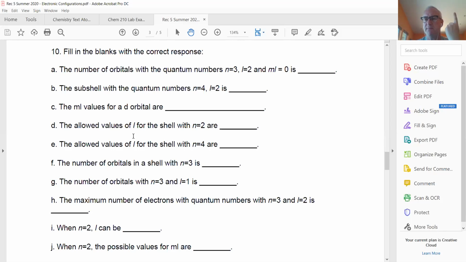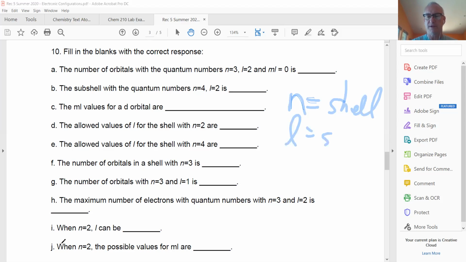The thing to remember, the take home on this sort of thing, is when you're thinking about the 4 quantum numbers, the first one, n, refers to the shell. 1, 2, 3, 4, 5, 6, 7. The second one refers to the subshell.